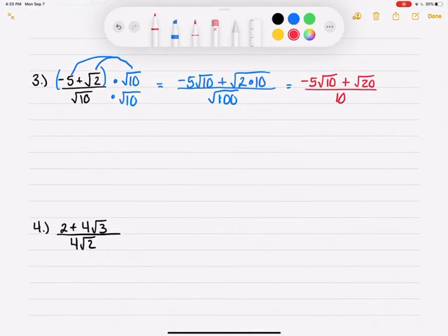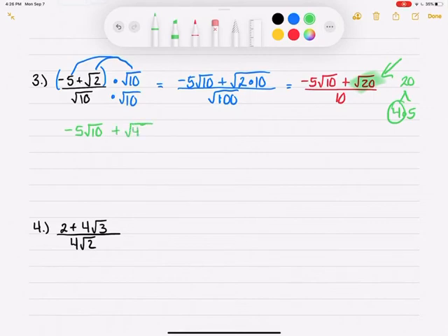Now, before we say we're done, let's look at the square root of 20. 20 can be broken down. 20 becomes 4 times 5, and I can take the square root of 4, which means I need to reduce this.